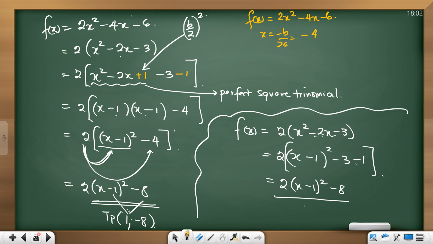What's your b? Minus into minus 4, right? So plus 4, right? But let me write minus because somebody else would not see that we have done that. Minus, my b is negative 4 over what? 2 times 2. What's your answer? Positive 1. And that's your 1 there.